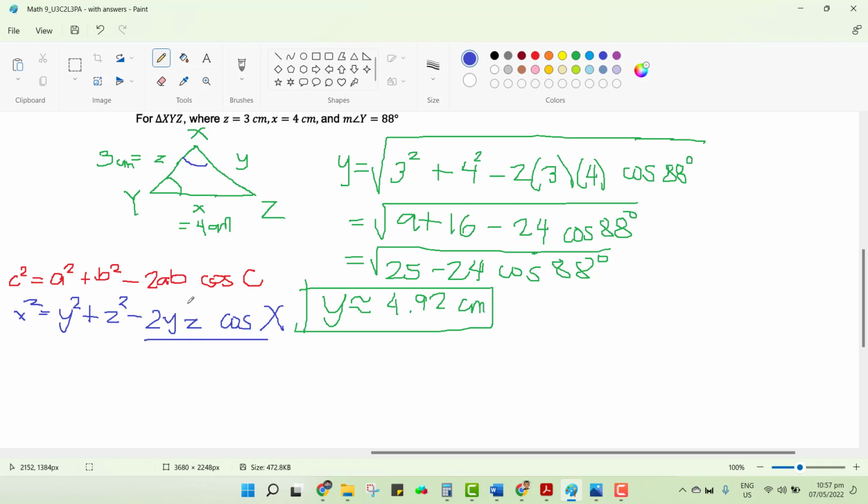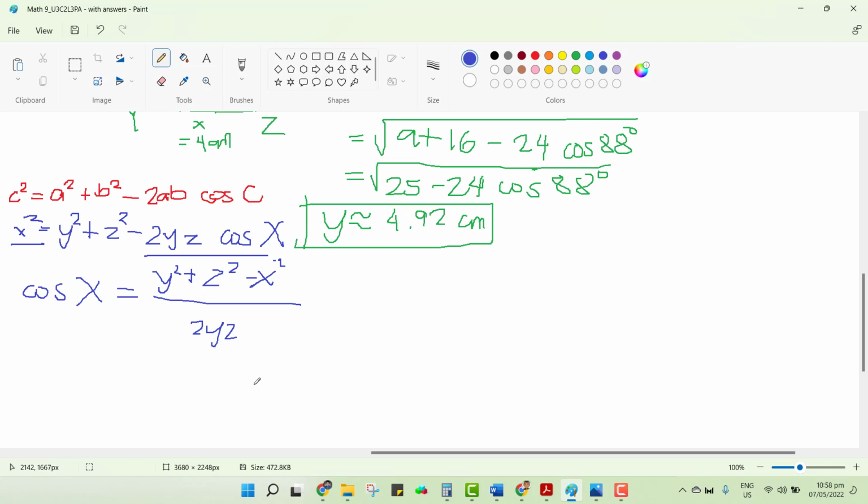Moving it to the other side, you will have cosine x is equal to y squared plus z squared less x squared, all over 2yz.